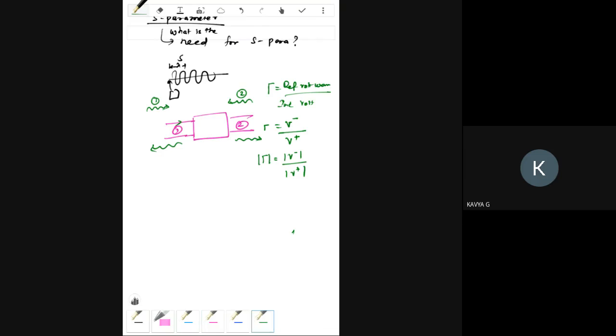So if I write the S parameters, let us first start with the matrix itself. S parameters for a two-port device can be written as S11, S12, S21, S22.